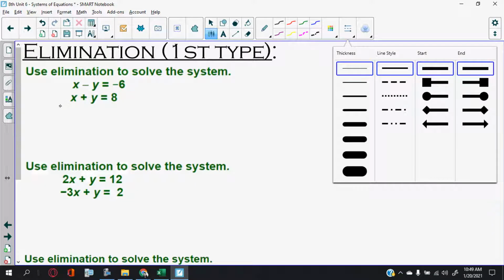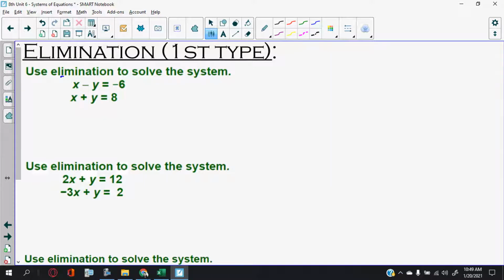The way elimination works is that you want to identify a variable, either the x in the first equation, or the x in the second equation, or the y in the first equation, or the y in the second equation, and see if there's a weak spot where we could attack the question.